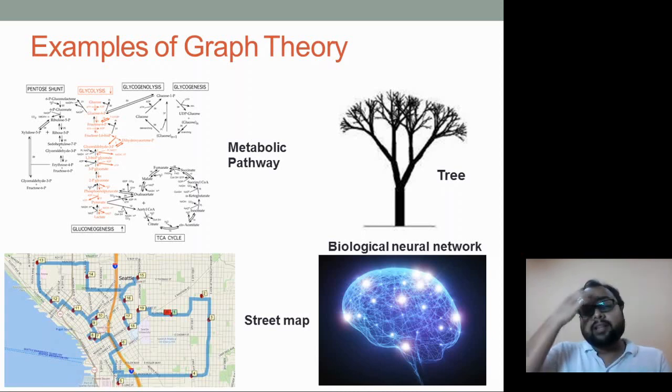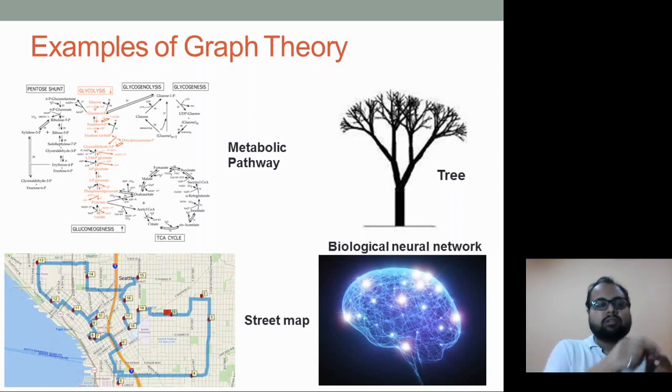Then in China, they have used graph theory in the mail system. The courier people who deliver the mail have been given a specific network, and China uses graph theory to do that.